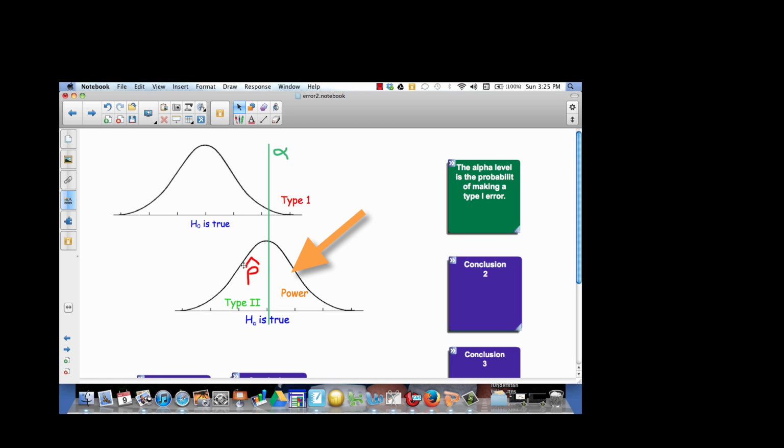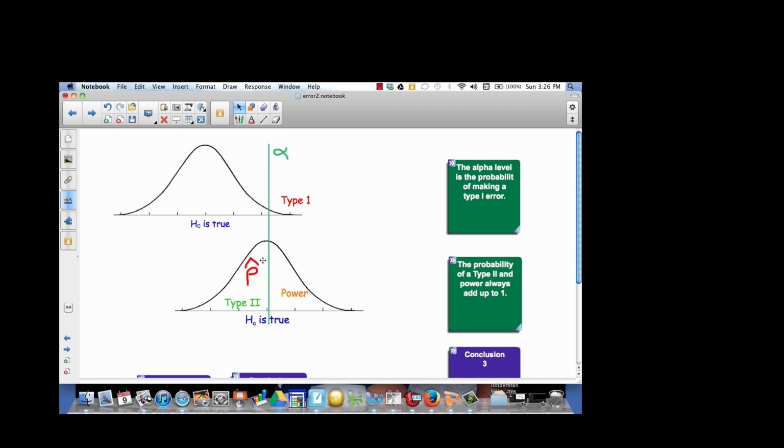If you get a p-hat to the left of this line, well then you're going to fail to reject even though the null is false and the alternative is true. This is type 2 error. Notice that type 2 error and power make up the whole curve. So in other words, the probability of a type 2 error and power will always add up to 1.